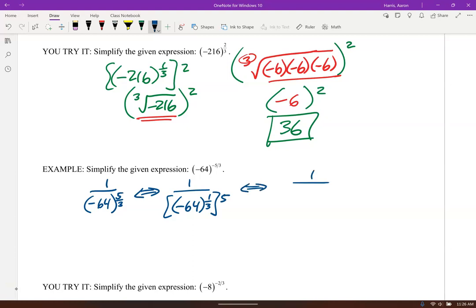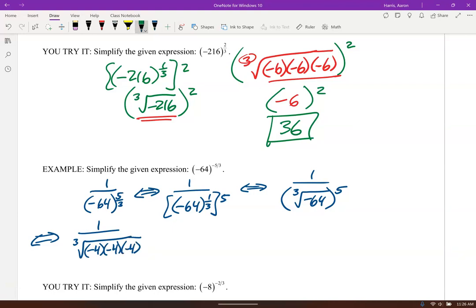In other words, the third root of negative 64, to the 5th. So now I'm taking the third root of negative 64. So negative 64 is 4 times 4 times 4. So negative 4 times negative 4 times negative 4 is negative 64. Just don't forget, you still have to take that to the 5th.